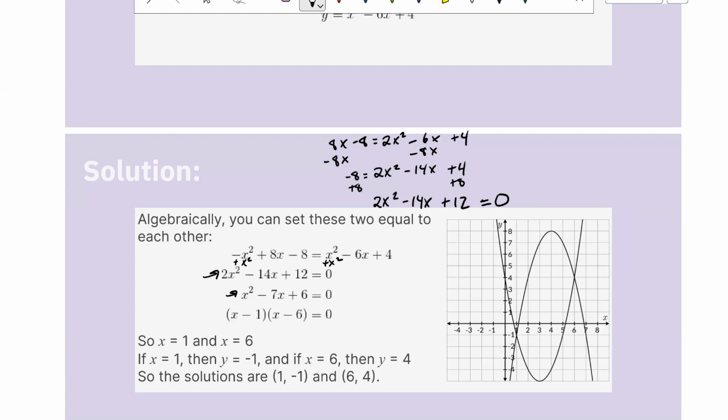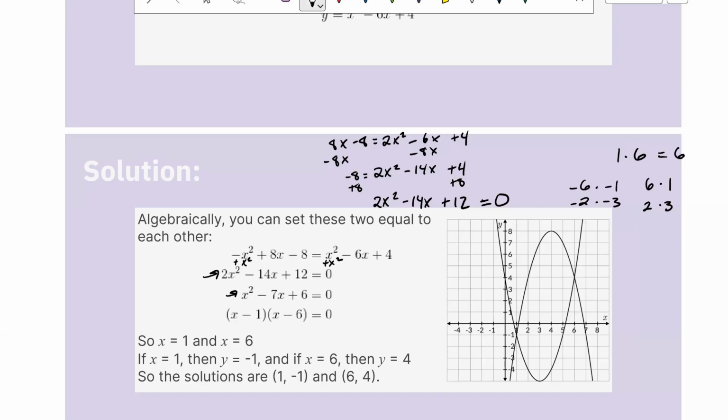We'd have to do the AC method there and find all the factors for 24. But now we have 1 and 6, and so we just have to do 1 times 6, which is just 6, and that's 6 times 1, 2 times 3, -6 times -1, -2 times -3. So that's not very many choices to go through to figure out what equals -7.